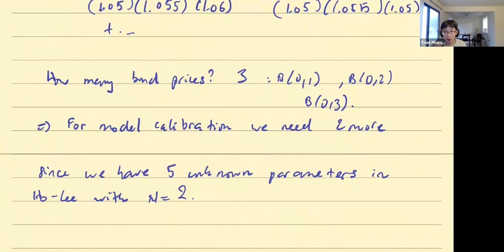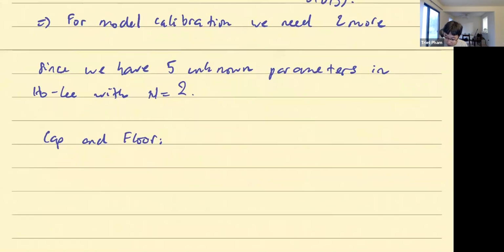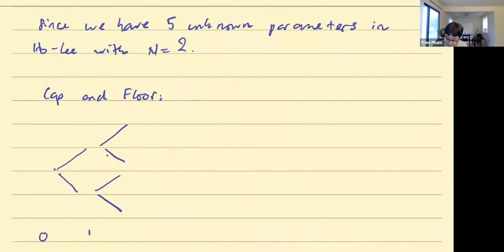So what are the products that we can consider? We can consider cap and floor. Okay. So let's describe the cap and floor, and we'll talk about the forward rate next time. Okay. Describe the cap and floor and try to price the cap and floor. So our interest rate tree, right, is 0, 1, and 2.